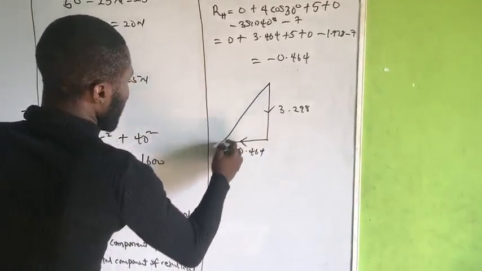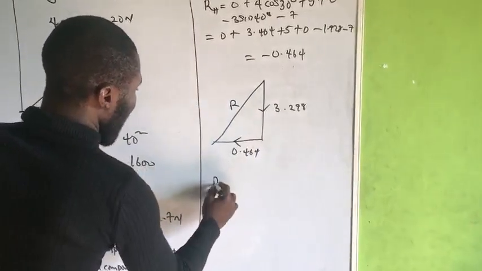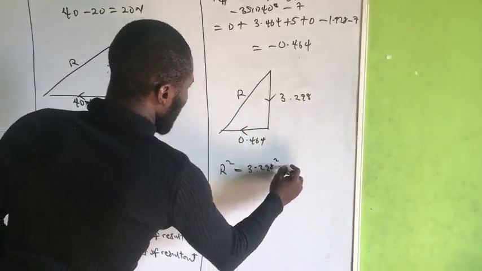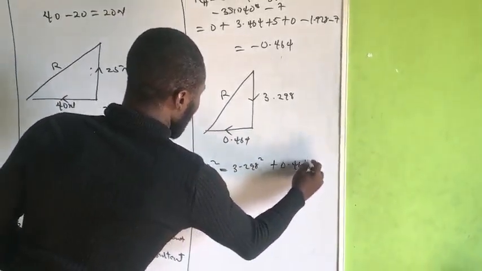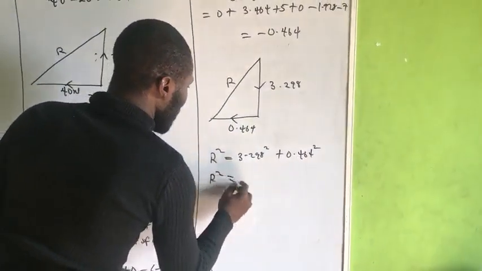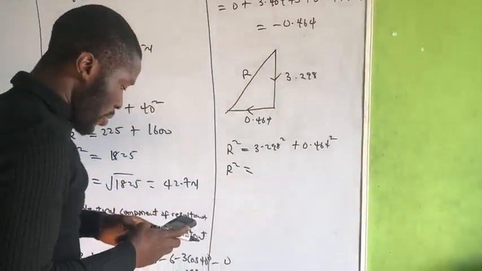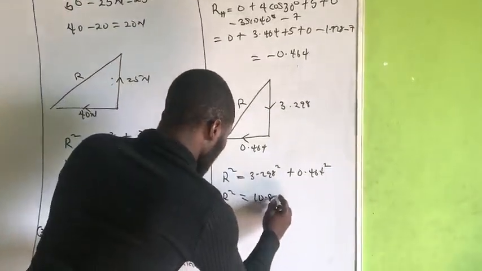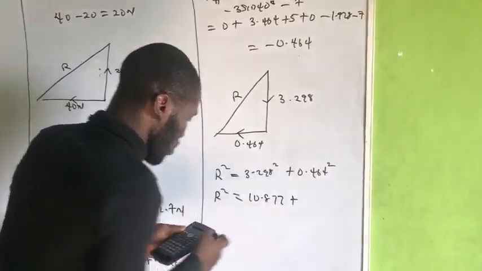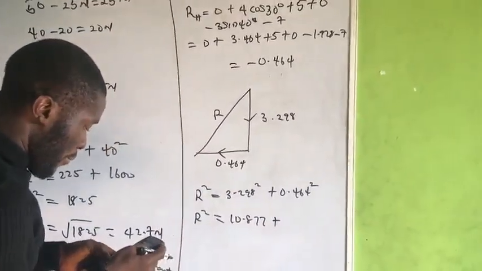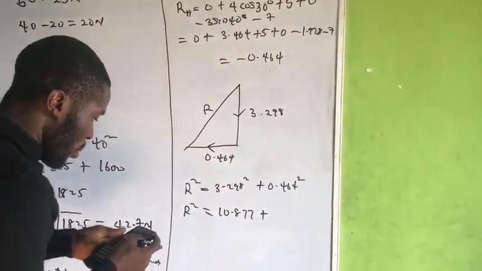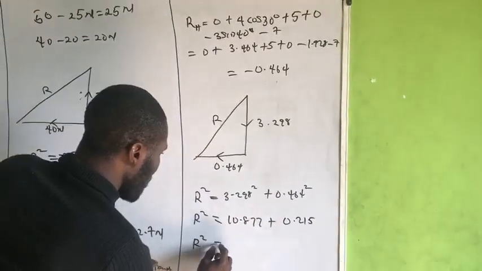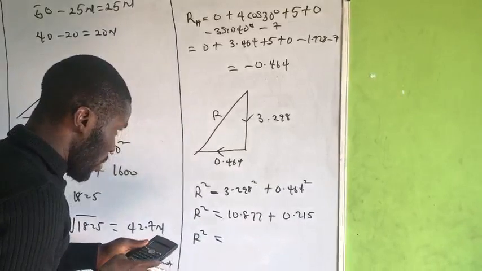So R squared now will be equal to opposite squared, which is 3.298 squared plus 0.464 squared. So R squared will be 3.298 squared, which is 10.877, plus 0.464 squared, which is 0.215.